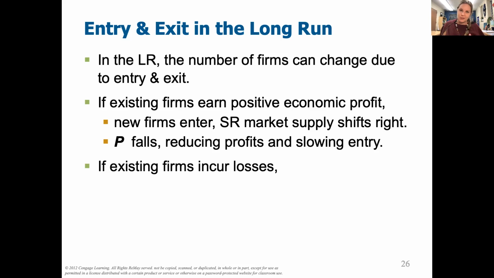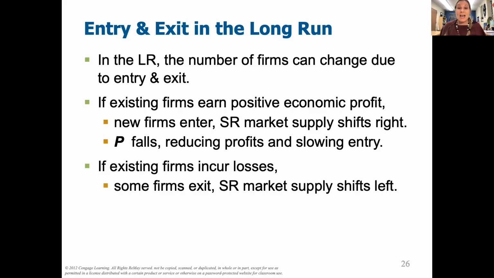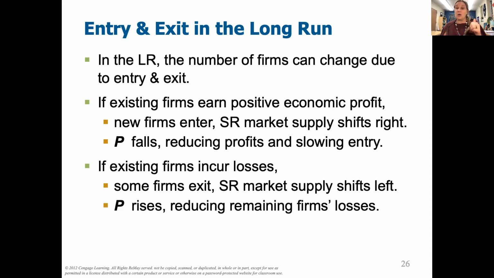The opposite is also true. So if the existing firms are incurring losses, some of them will exit, right? They'll have to not just shut down in the short run, but completely leave the industry. This will reduce the number of sellers, shifting the supply curve to the left. And when that happens, prices go up.